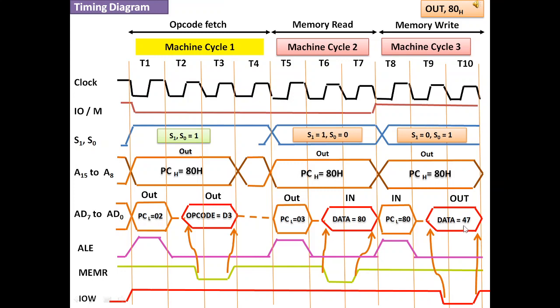So in the first T state, we can see that the higher address bus also has the physical address, and the lower order address bus has the same physical address. We have to remember one thing in the case of the 8085.